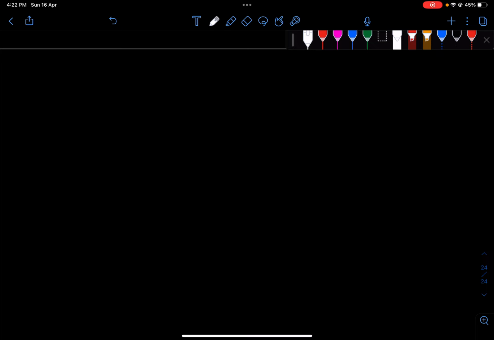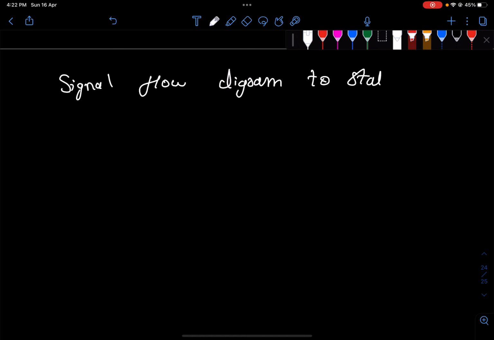Yep, we'll move on. First we'll do the reverse, from signal flow diagram to state space.